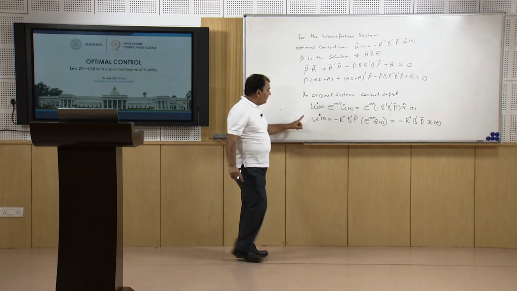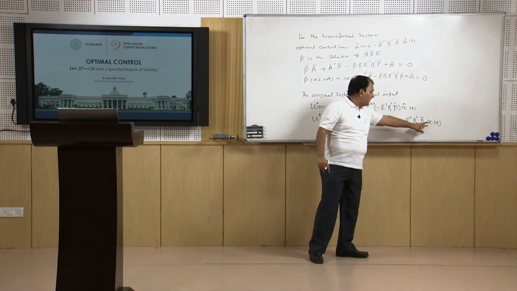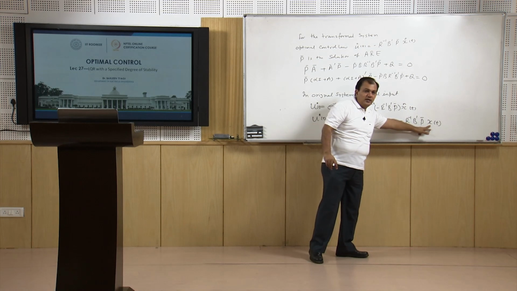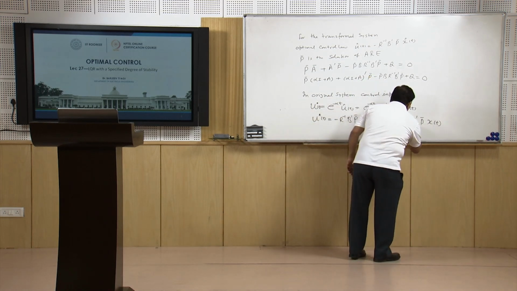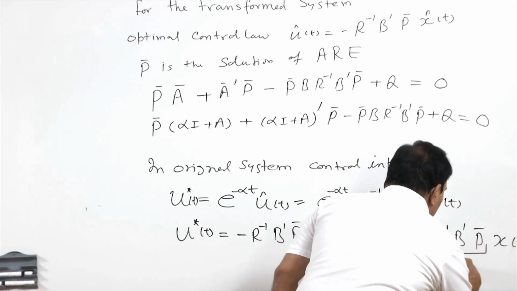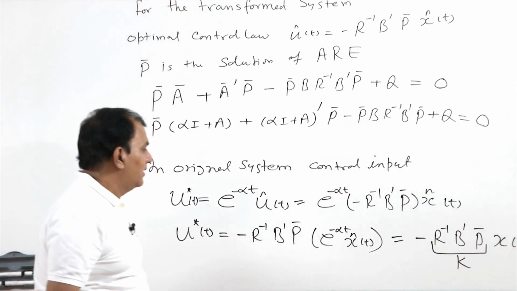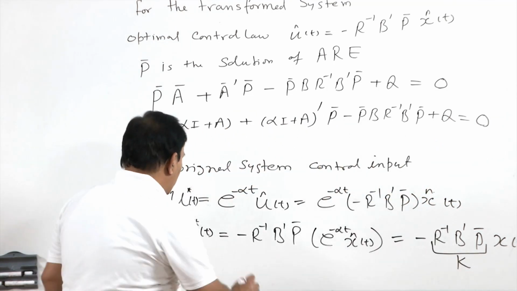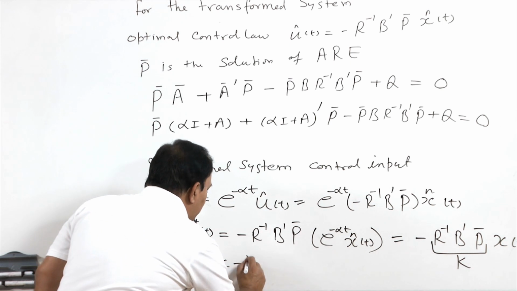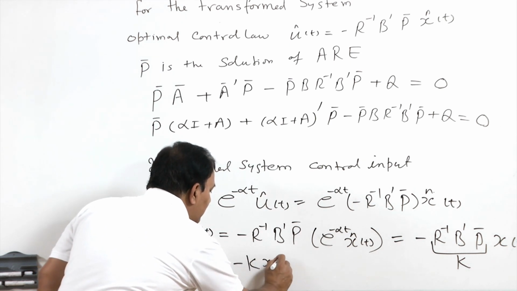This means in the original system I can directly feed back my state by multiplying with this as K. So, u star t is nothing but minus K x t.